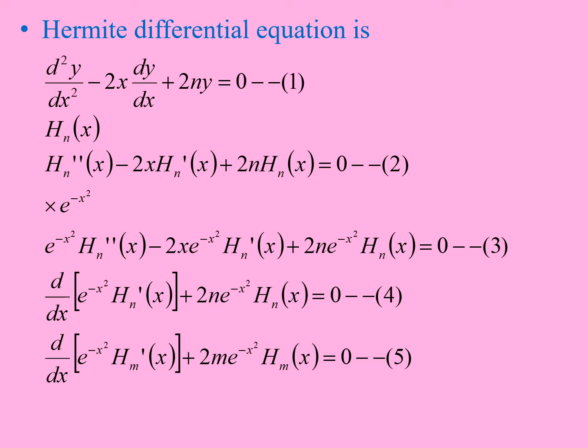So instead of that, you can write d by dx of e power minus x squared Hn prime of x plus 2n e power minus x squared Hn of x is equal to 0. Similarly, if you do it with the m, it is d by dx of e power minus x squared Hm prime of x plus 2m e power minus x squared Hm of x equal to 0.